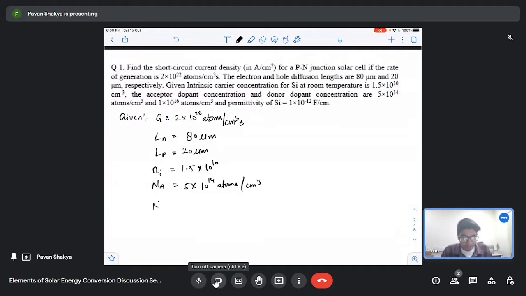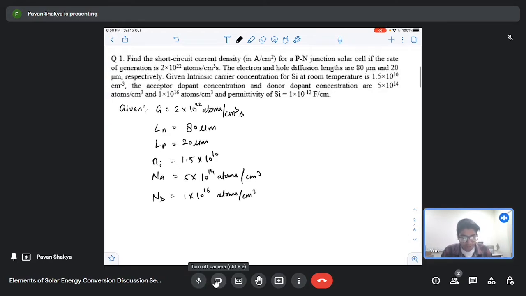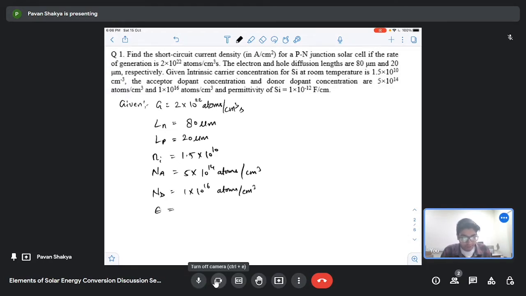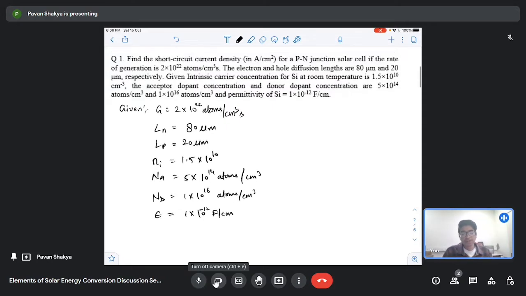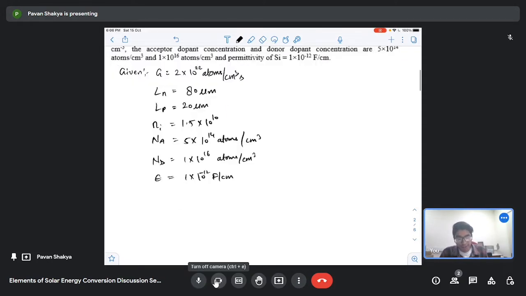Next, the Nd, the donor concentration, is 1 into 10 to the power 16. Next is the permittivity, epsilon, given as 1 into 10 to the power minus 12. And in this problem we have to find out the short circuit current density, which we denote as JSC.